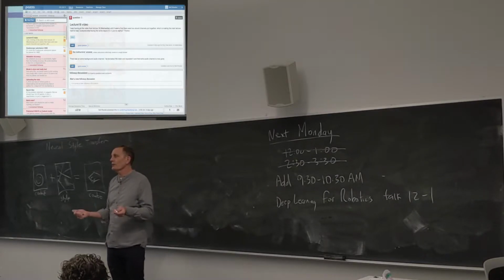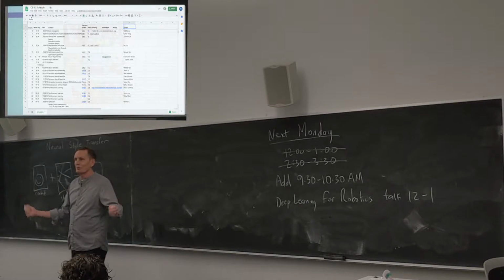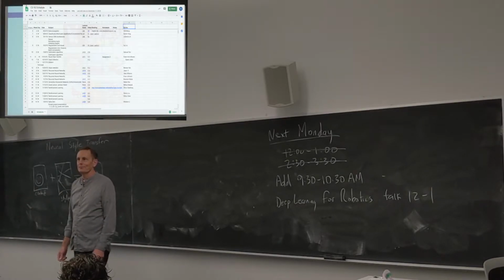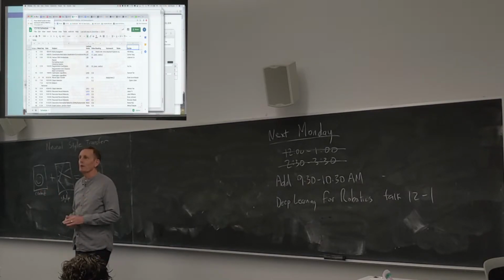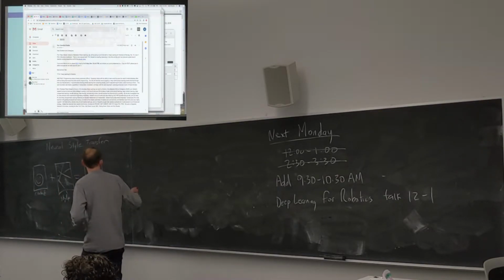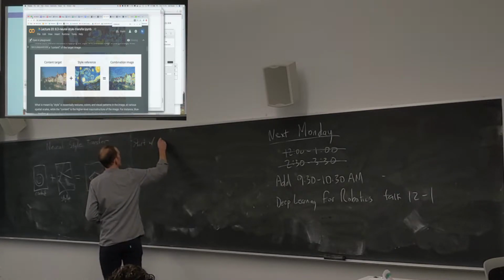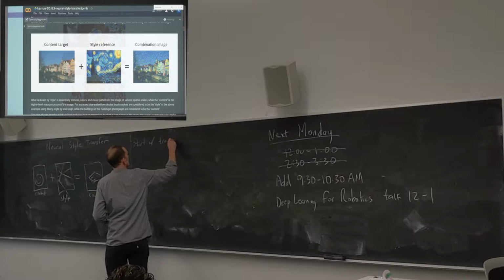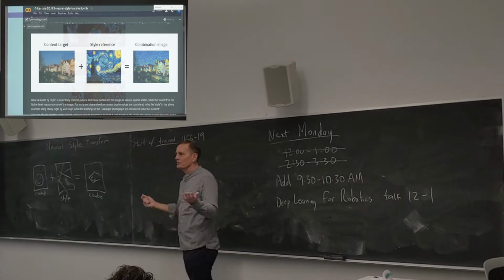Okay, so we're going to start with a trained neural network. What should we use? VGG sounds good to me. VGG 16, 19, we'll pick one of those. Let's say 19. So start with a trained one, and that's really important that it's trained, because without it, it's just random weights.